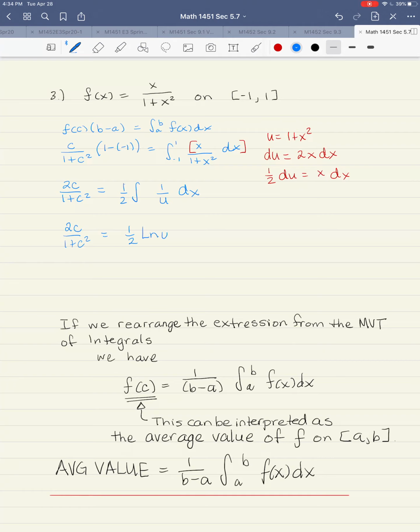So you have 2c over 1 plus c squared is equal to 1/2 times the natural log of u. We need to go back into our original variable. And that'll be a 1 plus x squared. Then, by gosh, we got to try to solve this for c.